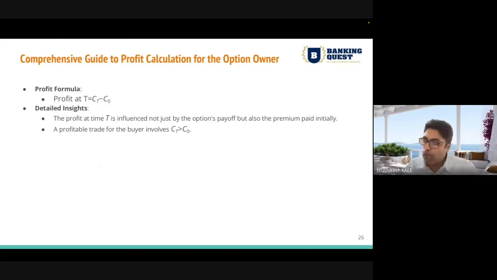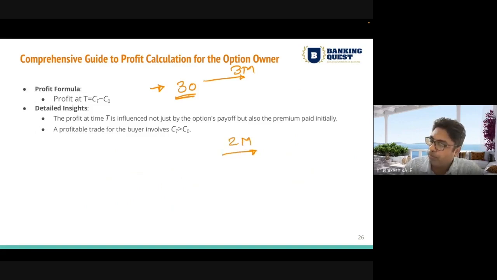Now, how to trade in options? Many a time it happens that you purchase an option at 30 and it has 3 months to expiry. After 1 month, that is 2 months to expiry, the option price increases from 30 to, let's say, 70.